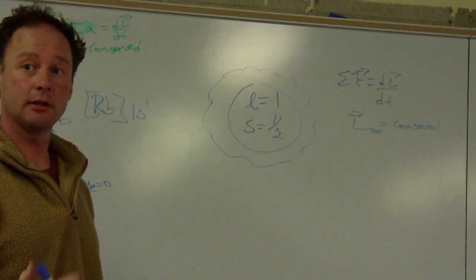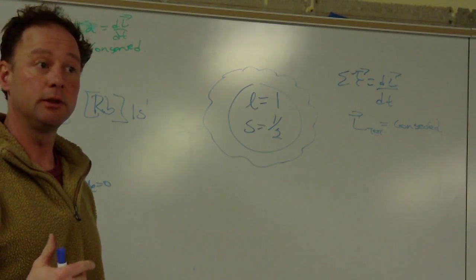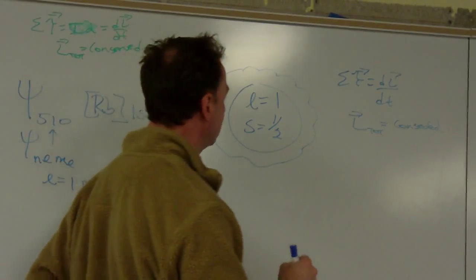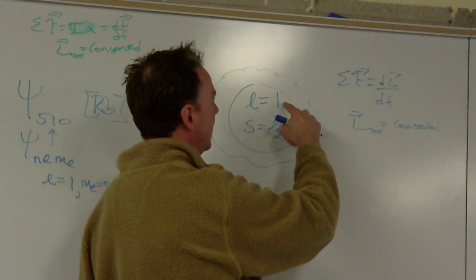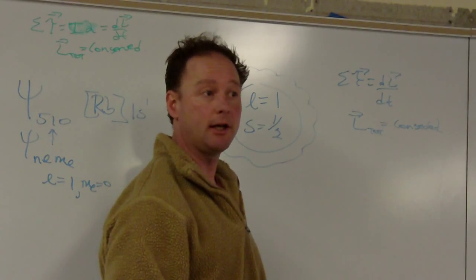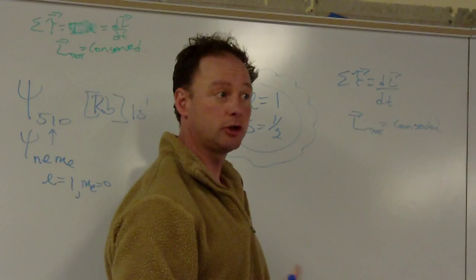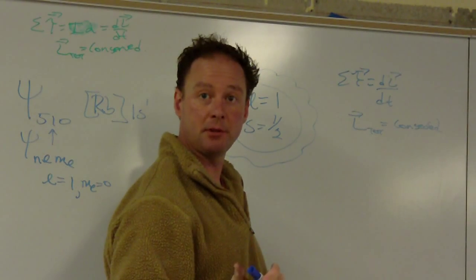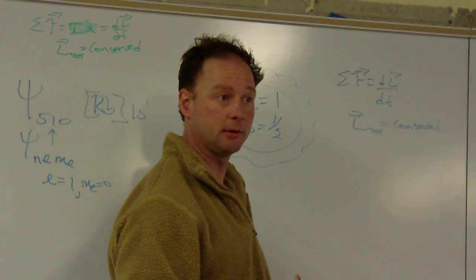But because we know it's angular momentum, like a vector, we know what the possibilities could be. If I'm coupling together an L and an S, I create a new quantum number J. J simply represents the coupling of a spin angular momentum and an orbital angular momentum.